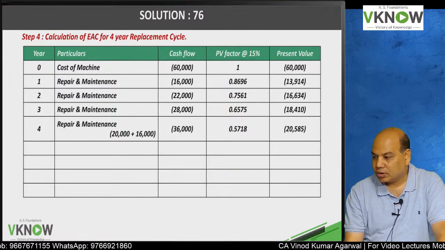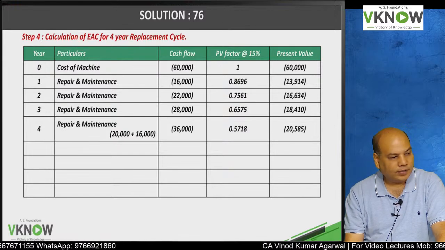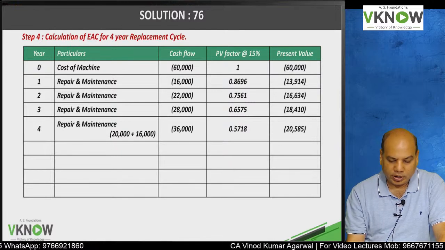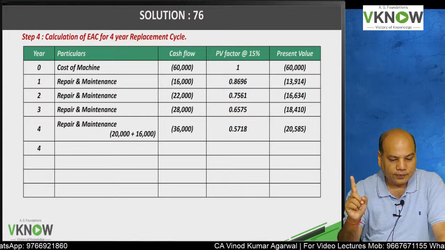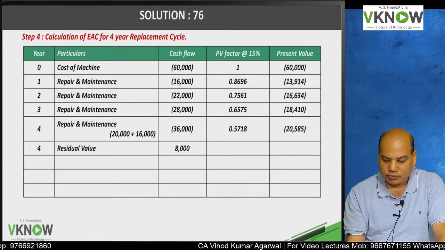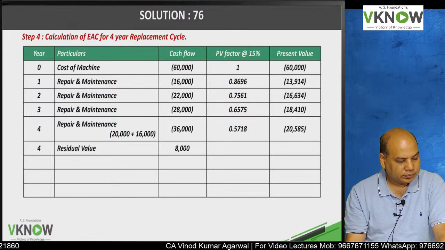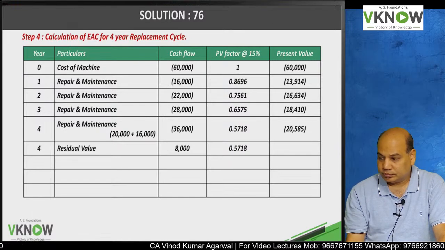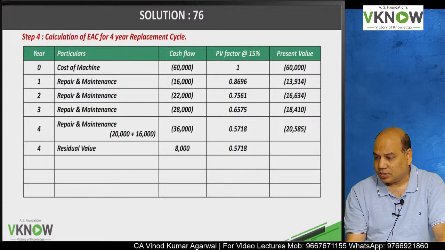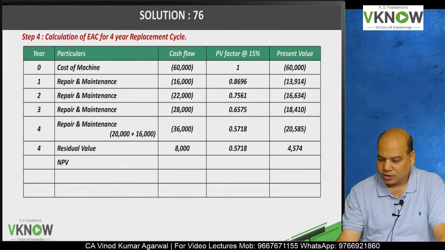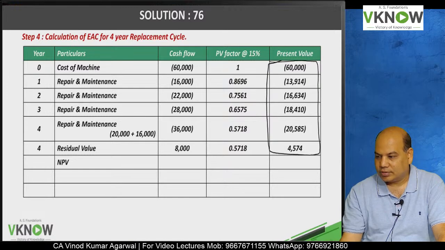Multiply. 20585. Everybody please one more. Year 4 scrap value 8,000 is given. 8,000 times 0.5718, positive number, 4574. Only when you give me the NPV answer, I will go ahead.